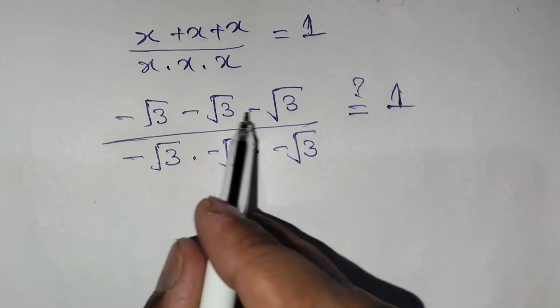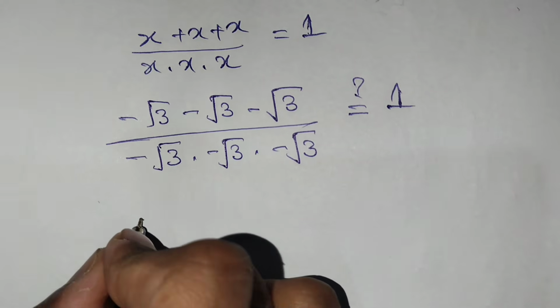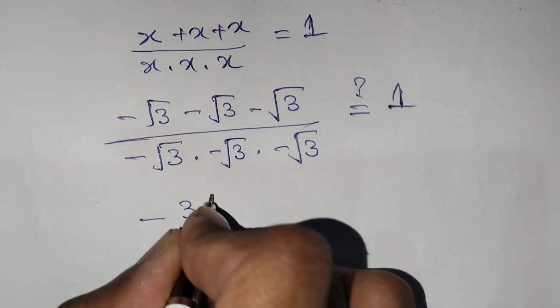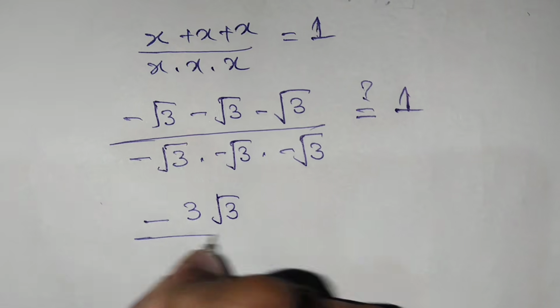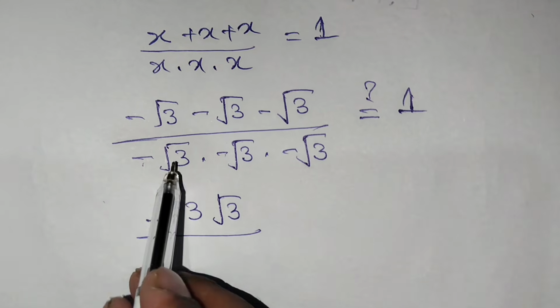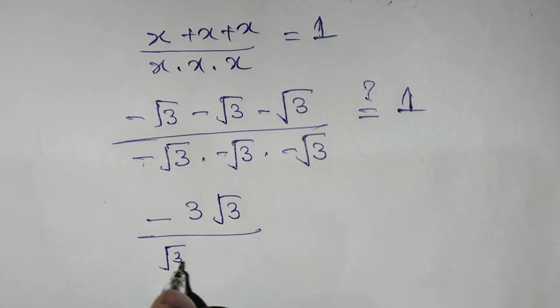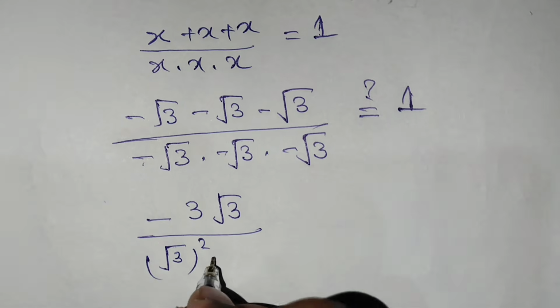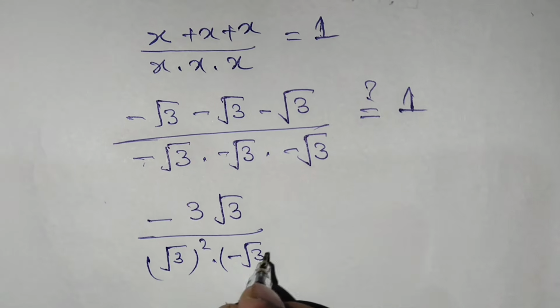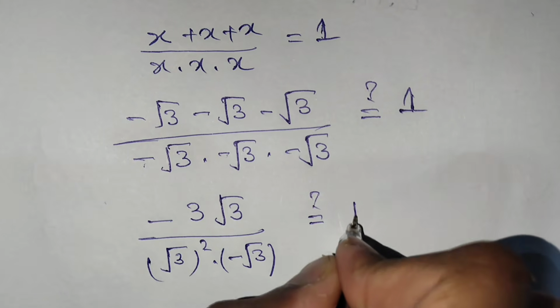Minus minus minus will add up with the negative sign, 3 square root of 3, and minus minus plus, square root of 3 whole square times minus square root of 3, equals 1.